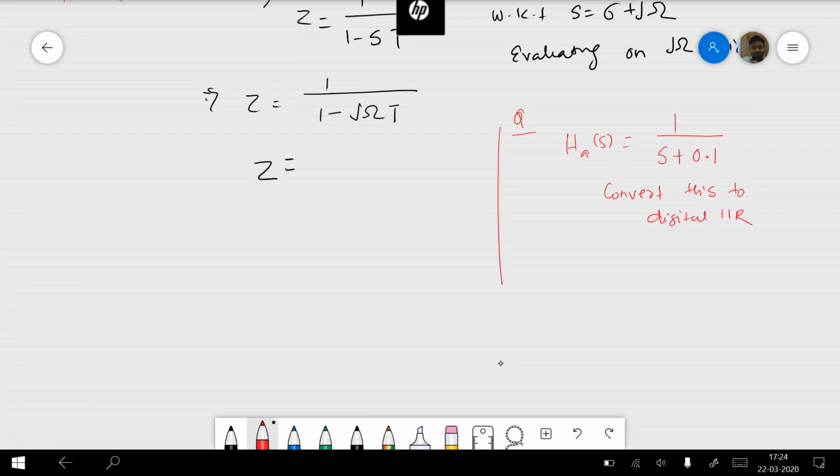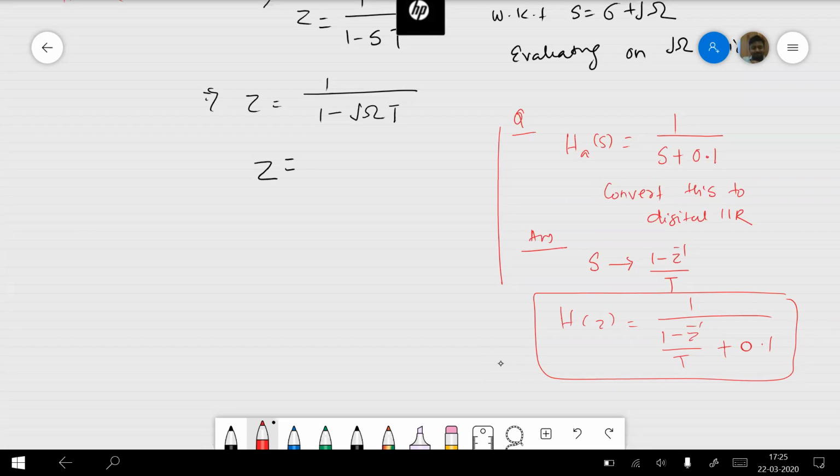The answer is pretty simple. You simply convert s to 1 minus z inverse by t. You just replace s with this factor which we just deduced. So my H of z is nothing but 1 divided by 1 minus z inverse divided by t plus 0.1. This is my answer. You have to simplify and write it.